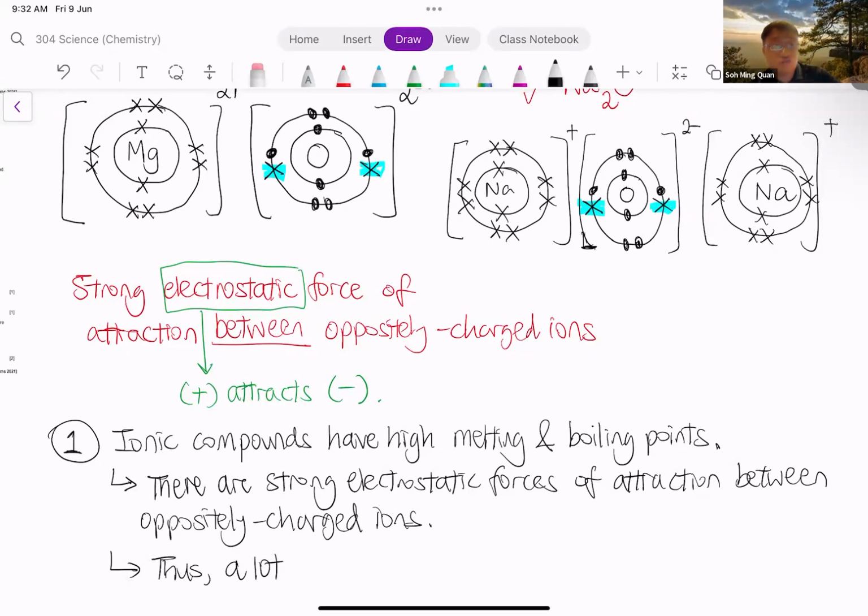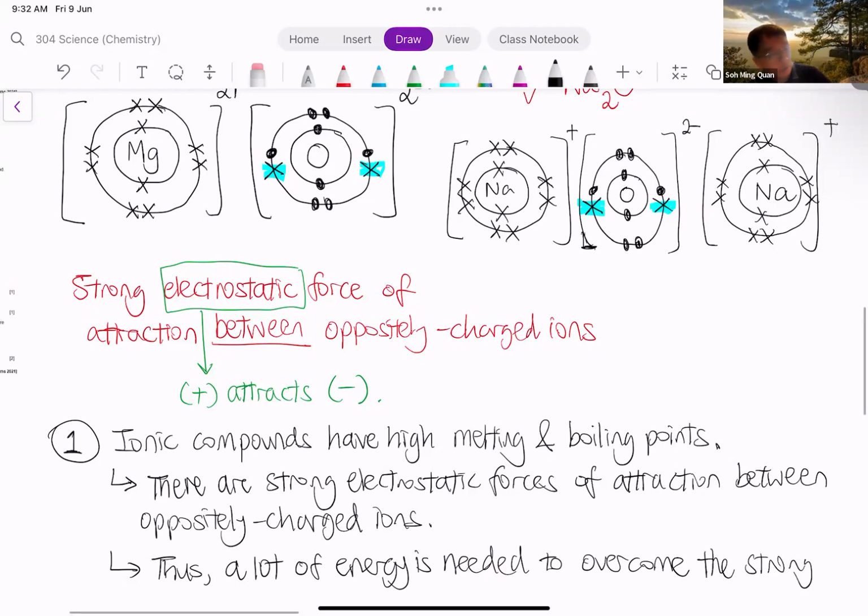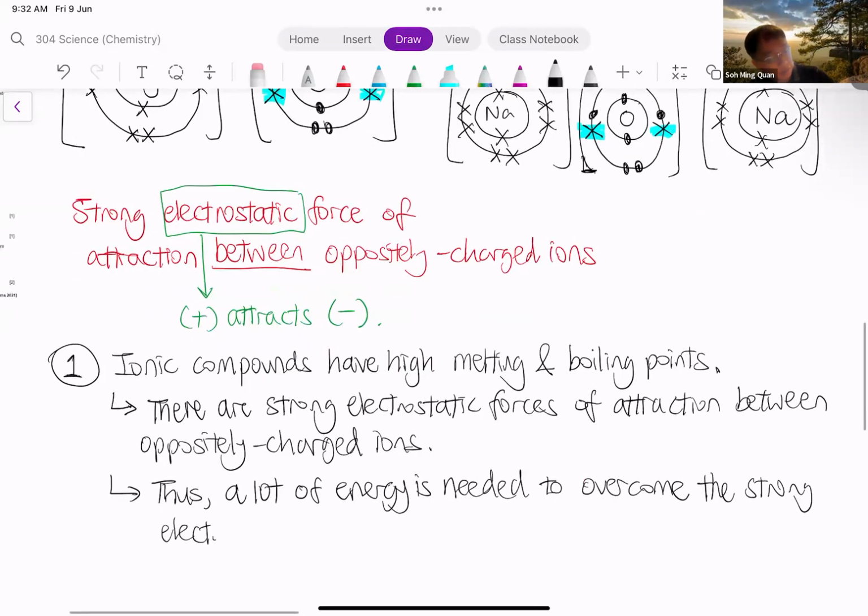Because these are strong forces, you need a lot of heat energy to overcome them. A lot of heat energy is needed to overcome the strong electrostatic forces of attraction between the ions.